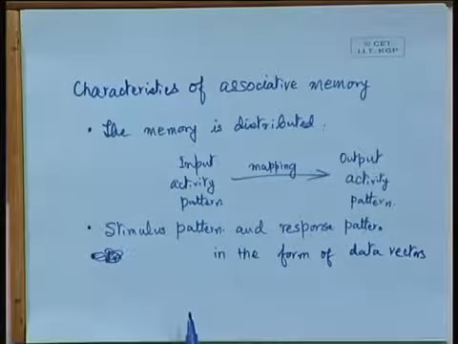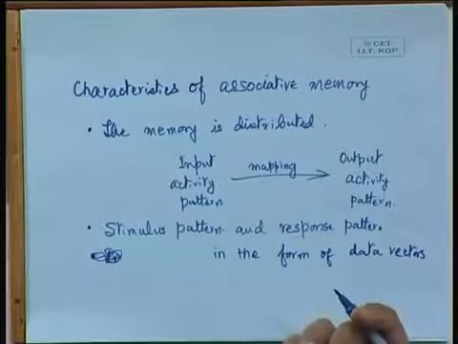Because in this example, the face image contains pixel data, where at every picture element we have some intensity, some color and so on. So that is a data vector at the input, and the response vector is also data, giving the particular location where this person sits and so on.